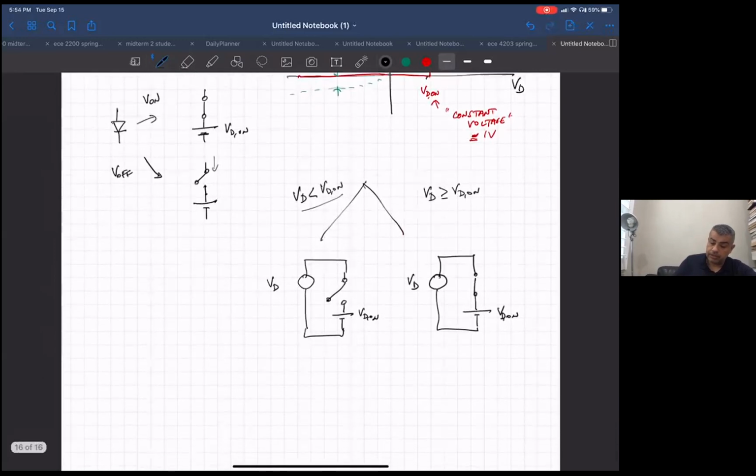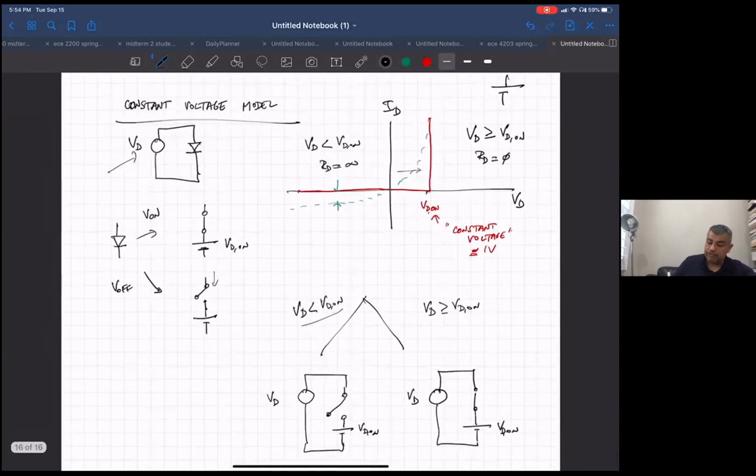Okay, which has the effect of, this is just like a fake way of getting me to this curve, or whatever you want to take it. Again, these are models to help us.